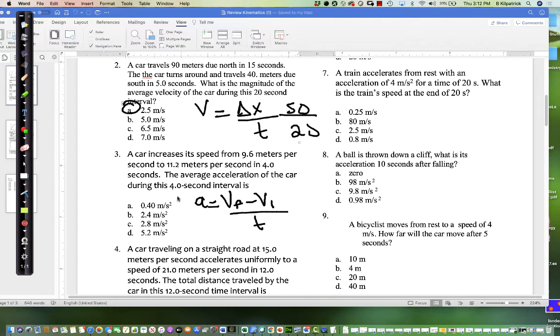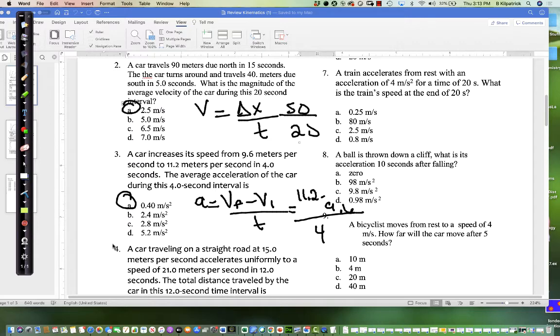So if we're looking for acceleration, what's our VF? 11.2. What's our VI? 9.6. So it's 11.2 minus 9.6 divided by my time of 4 seconds. So our acceleration should be 0.4 meters per second squared.